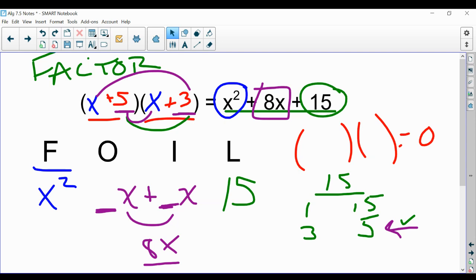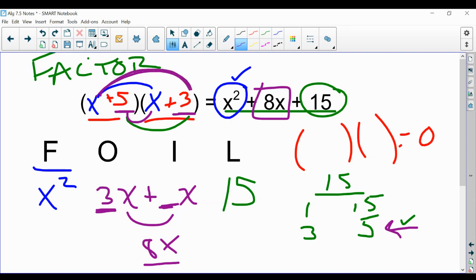Let's just verify though, and not just hope that we're right. Okay, so I'll FOIL it, and I know x times x is x squared, so that part's good. My outer term, x times 3 is 3x. My inner term, 5 times x is 5x, and 3x plus 5x is 8x, so that works. And my last term, 5 times 3 is 15, so that works too.